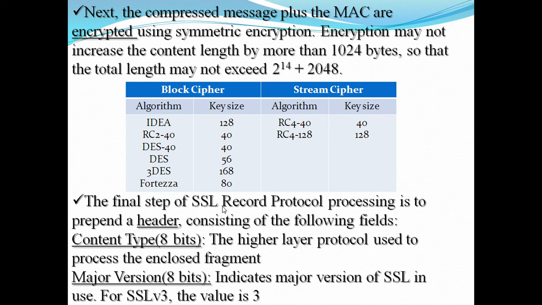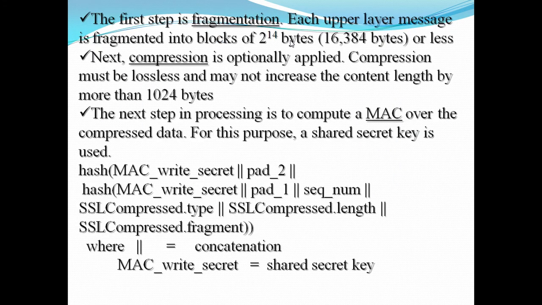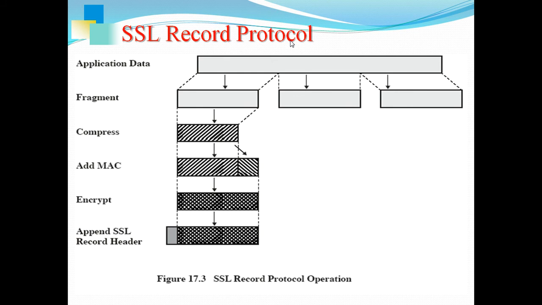Next, the compressed message plus MAC are going to be encrypted using symmetric key encryption. Just look into the figure. After compression, you are at the position of the MAC. Now you are going to encryption.